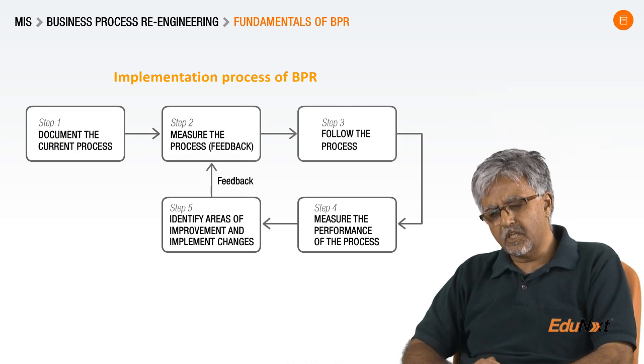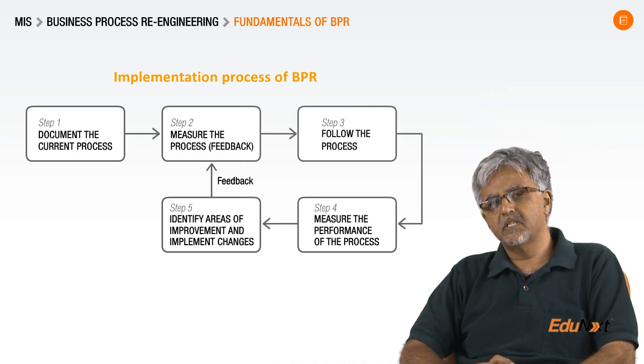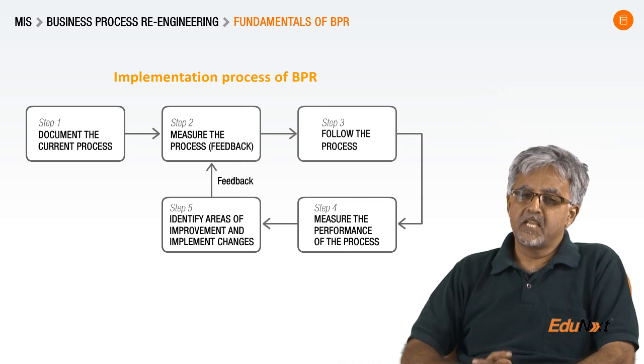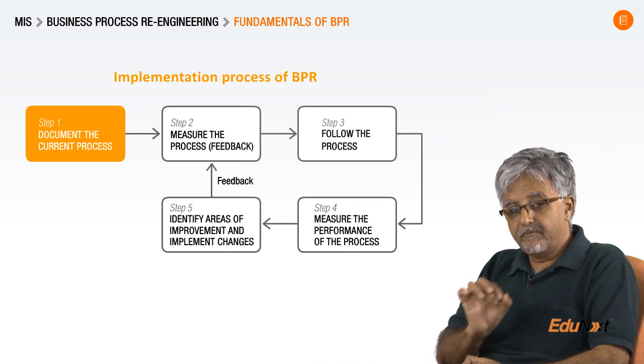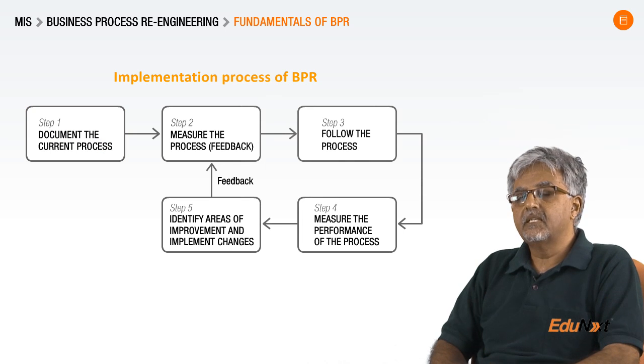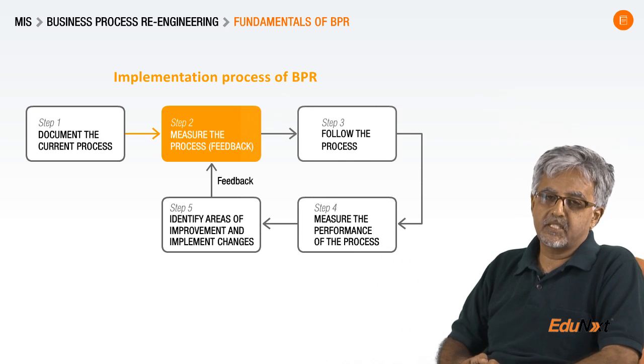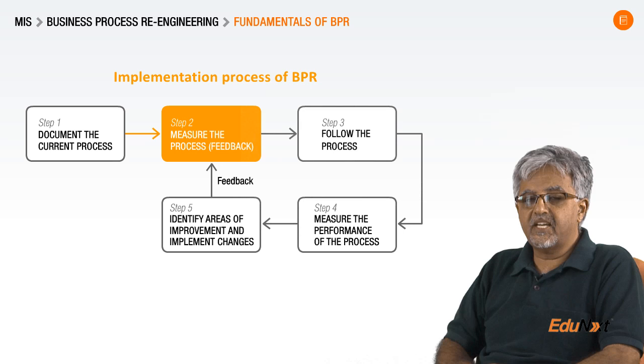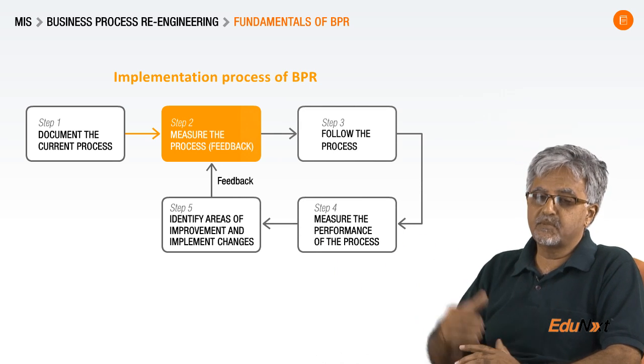So let's talk a bit about how you implement BPR. Step number 1, you have to document the current process. How do you do things currently? Next, you measure the process in terms of satisfaction, in terms of effort, using customer feedback.